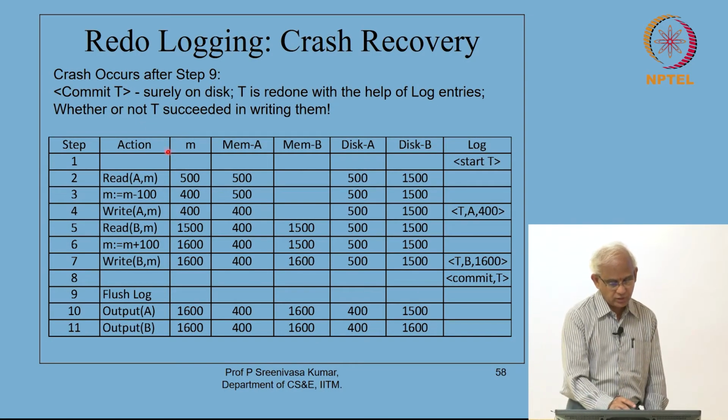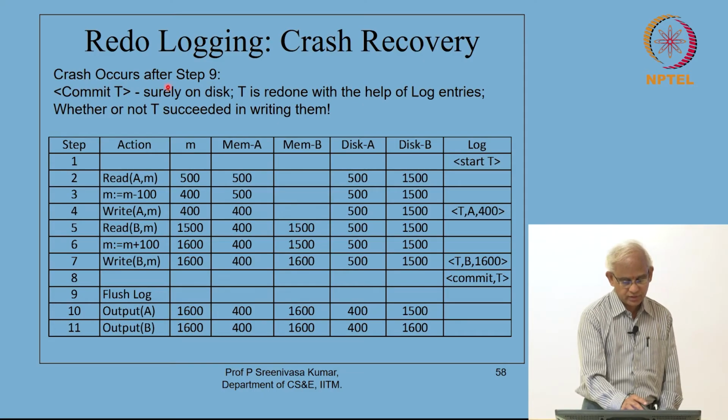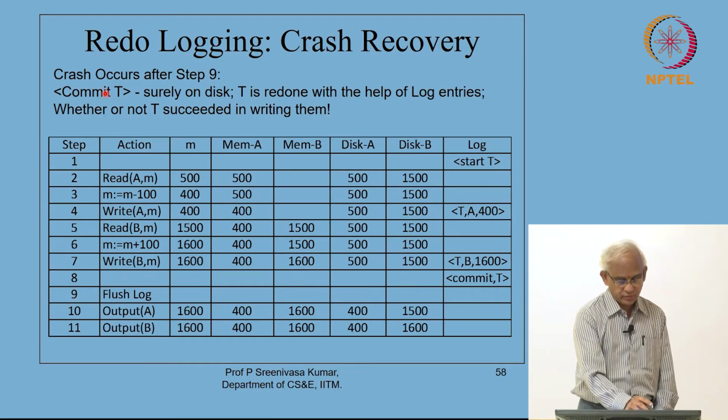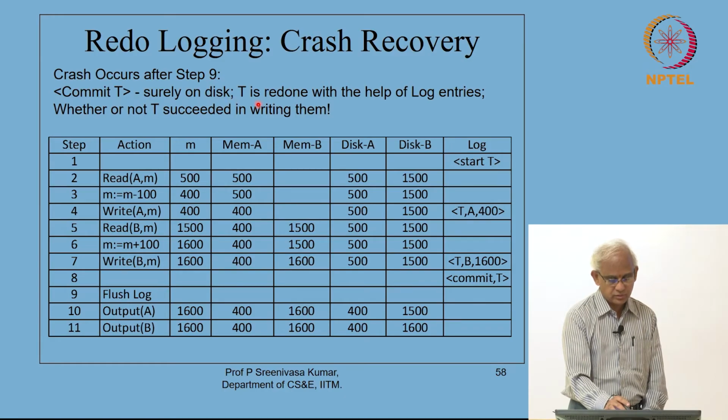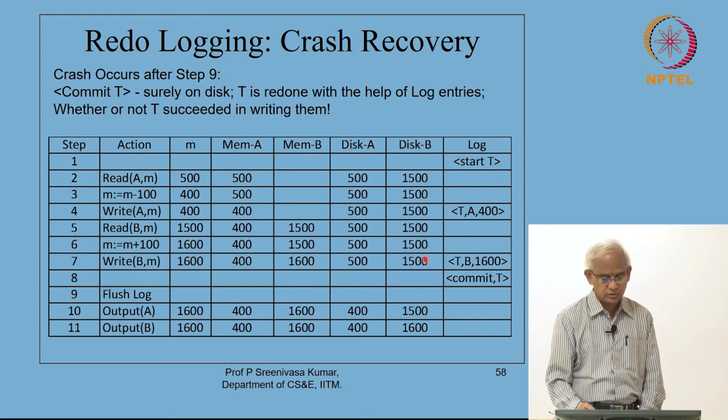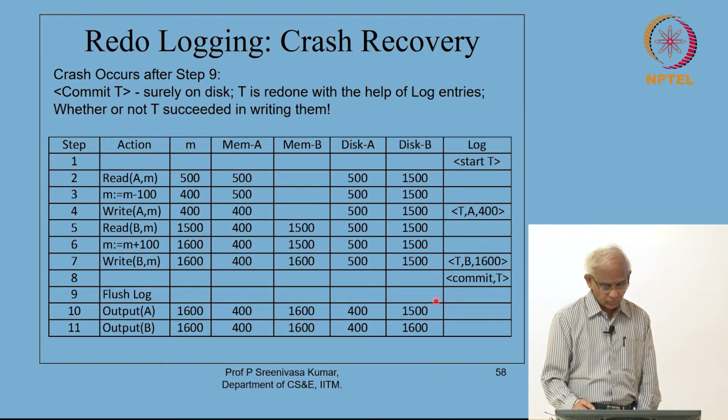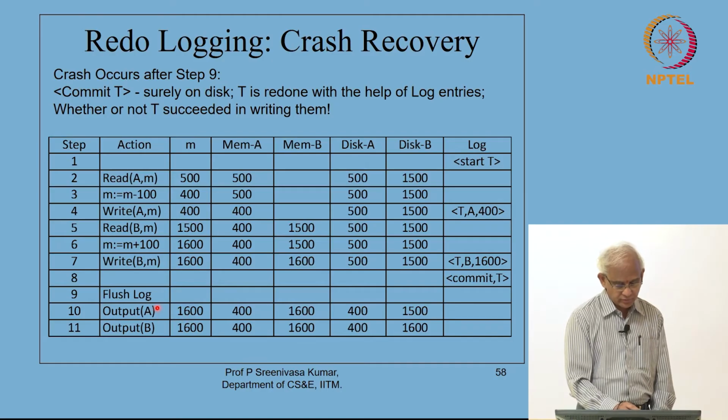Of course, if the crash occurs only after step 9, then we are very sure commit T has reached the disk, and so we will simply redo all the work, because we have already committed that it is done. The system is under obligation to do the work of the transaction. In this case, we will ignore whether it has succeeded in doing one output or the other output or both of them.